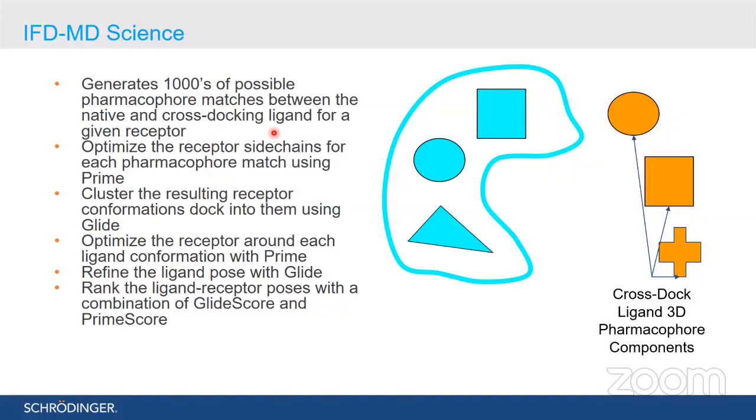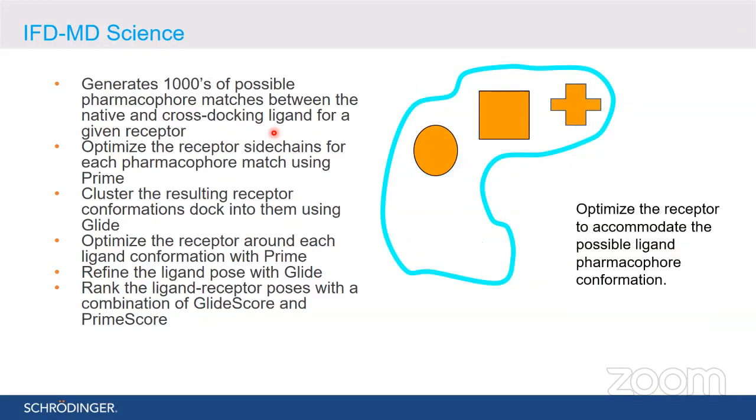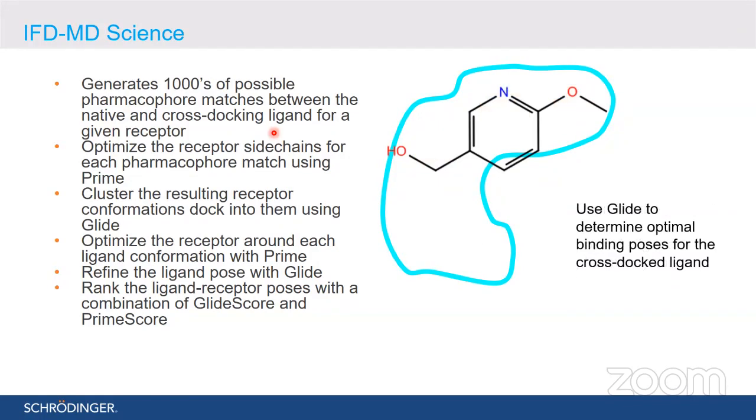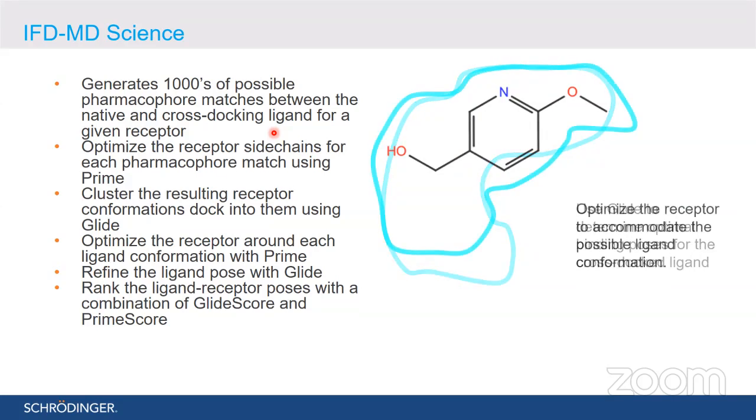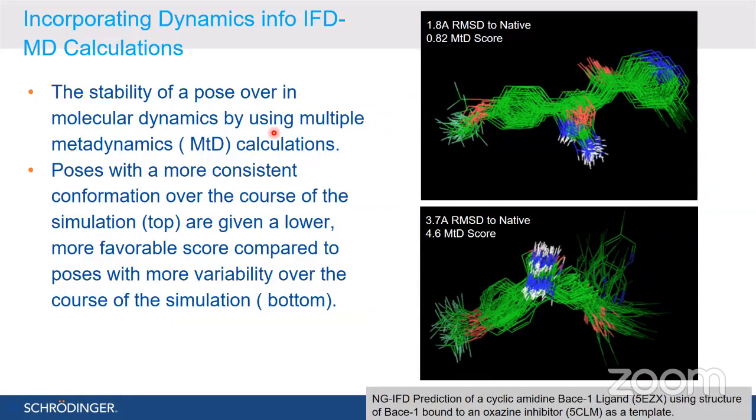So you can see there are so many tools being used. First I have used pharmacophore, then Prime, then Glide, and then again loop refinement. So all this was already used in IFD. But what is additional in this? The same process is done, but rank ordering of the whole thing is done using molecular dynamics.